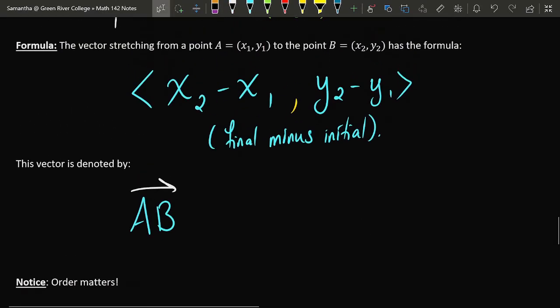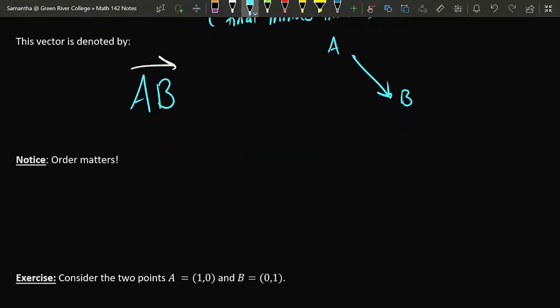The vector from A to B is different from the vector from B to A. They're going to be the same length, but they will not be in the same direction. The vector from B to A will point in the exact opposite direction. So the vector from A to B is the opposite of the vector from B to A. So order does matter here.